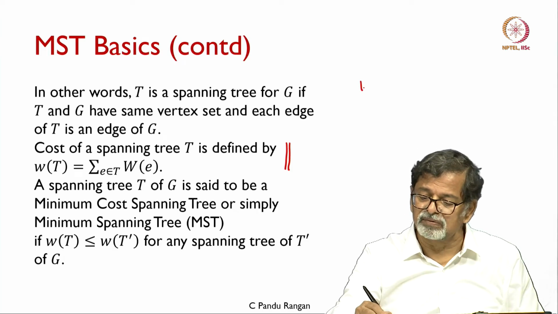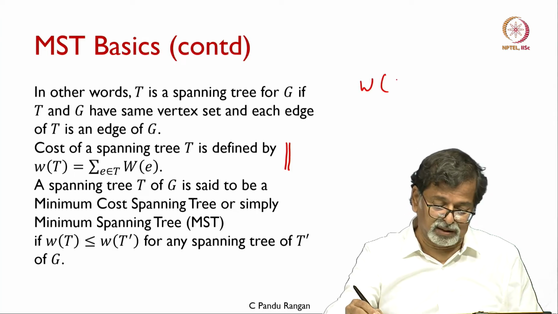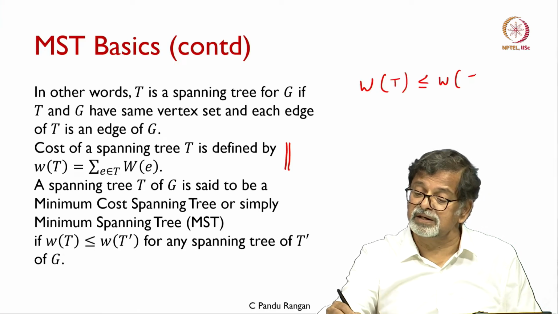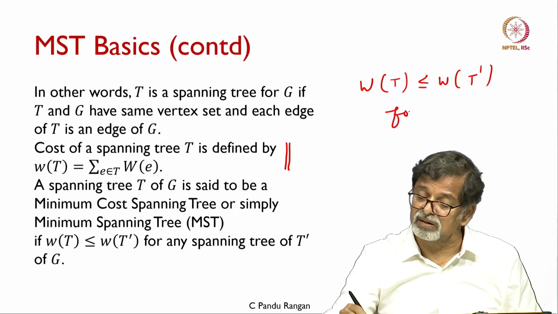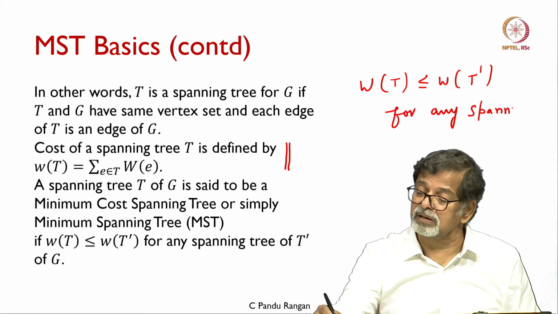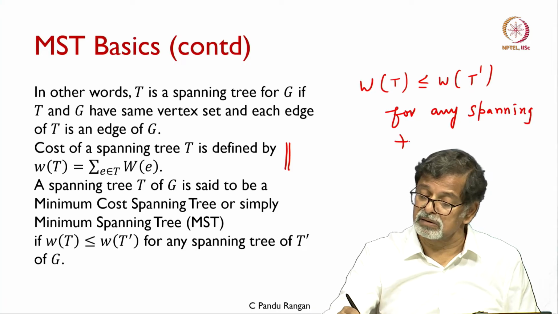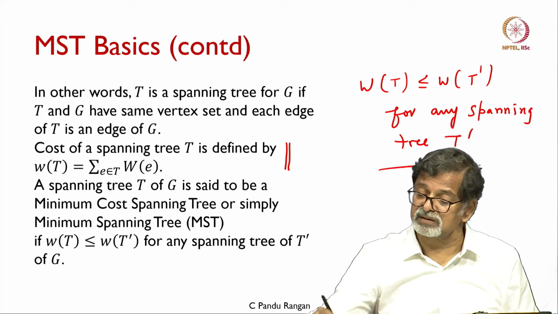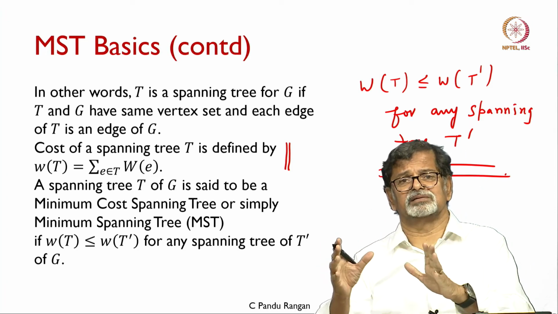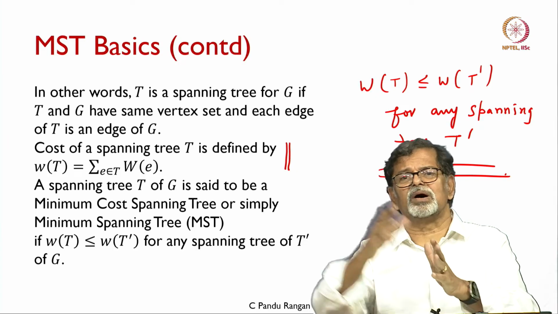So, weight of T is less than or equal to weight of T dash for any spanning tree T dash. You take any spanning tree, its cost will be equal or more.